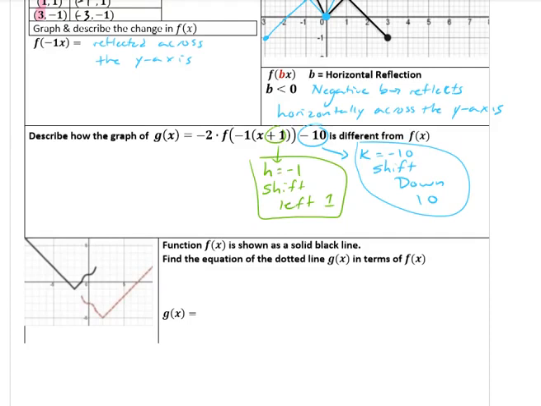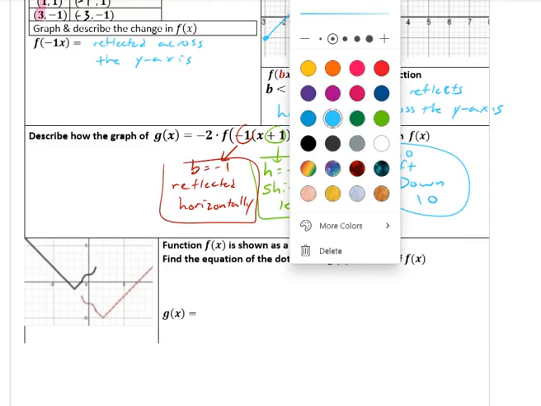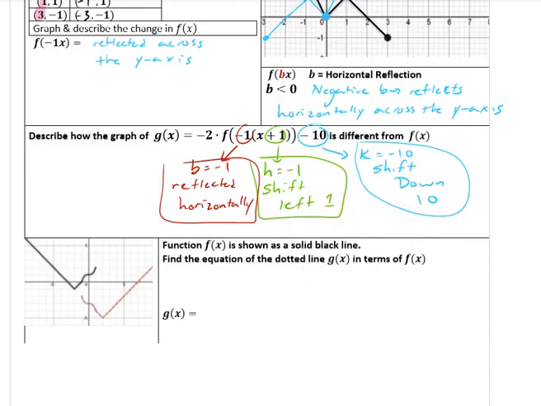We just finished talking about this one here. My b is a -1. Therefore, it was reflected horizontally. And one more is this -2.